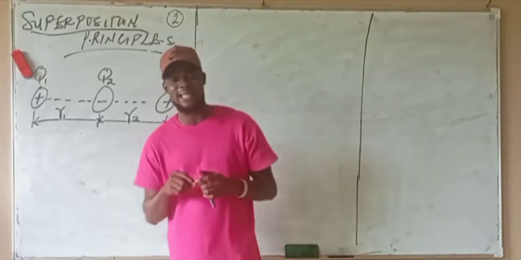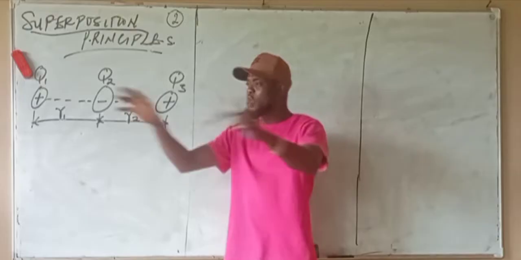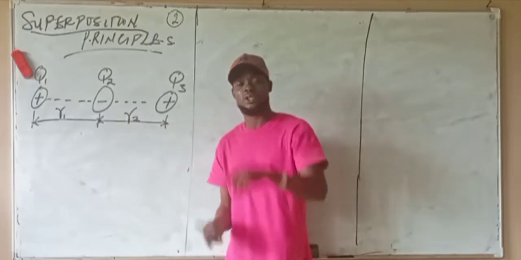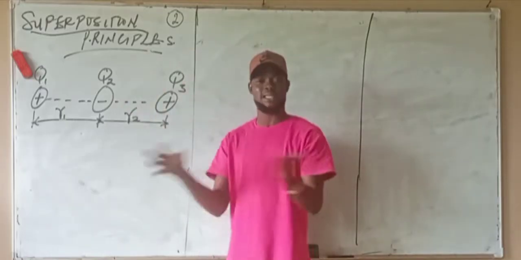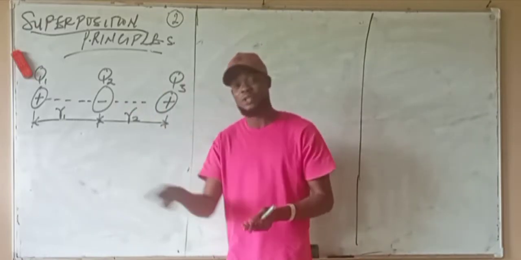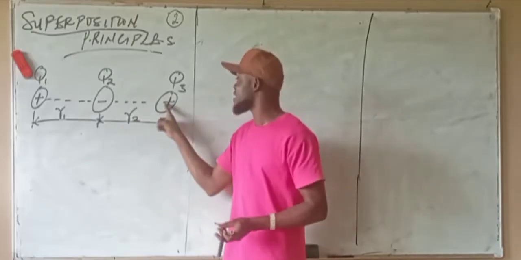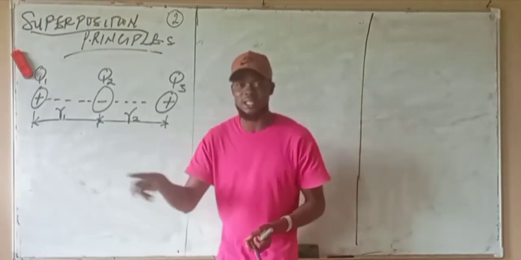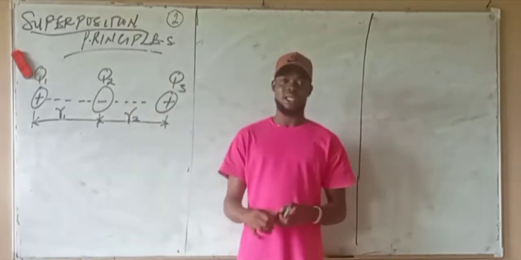The actual force is the vector sum of the Coulomb forces. Remember, Coulomb forces, not Coulomb force, means it should be more than one. If the charges are more than two, the forces should be more than one.